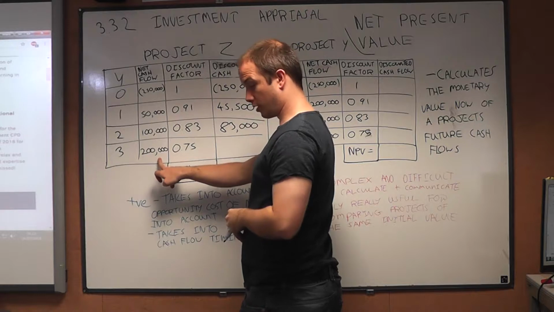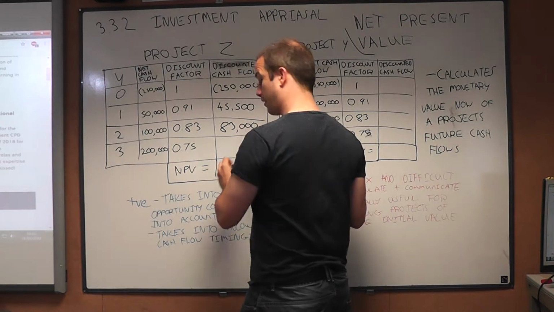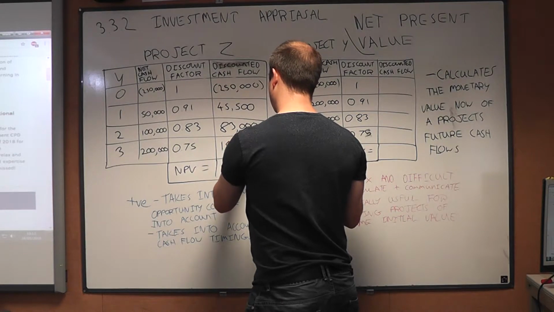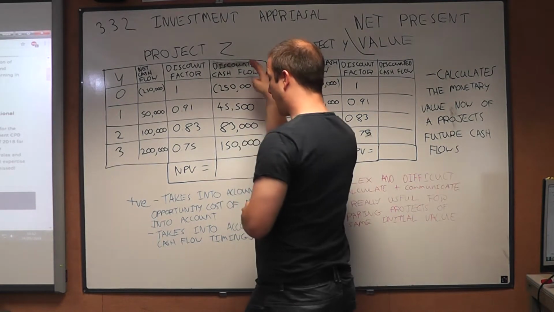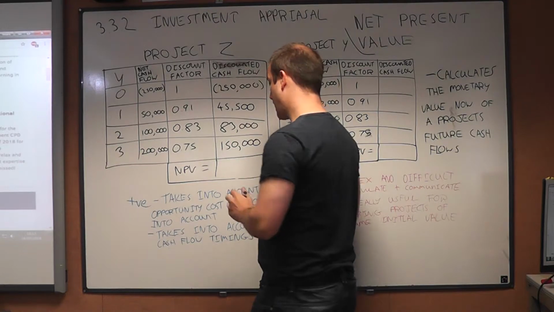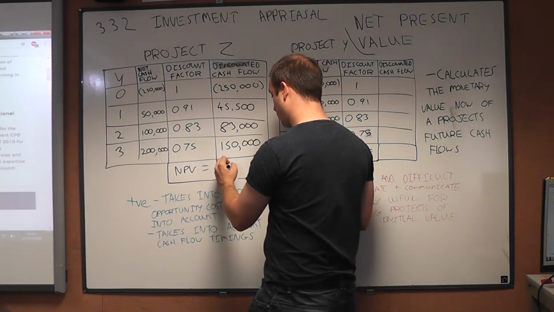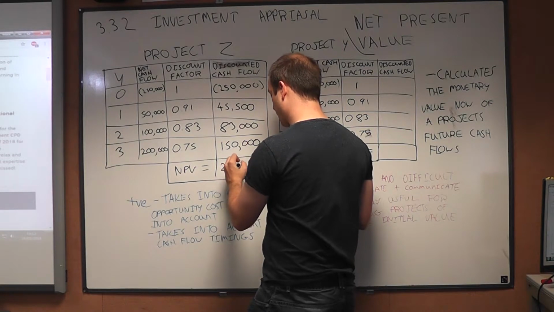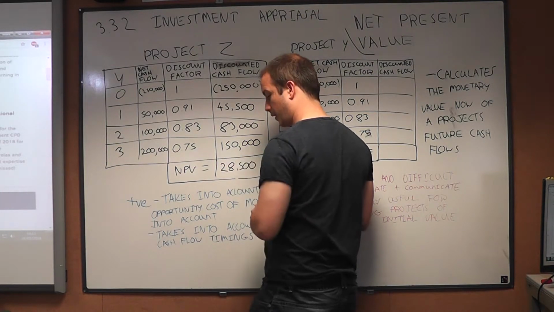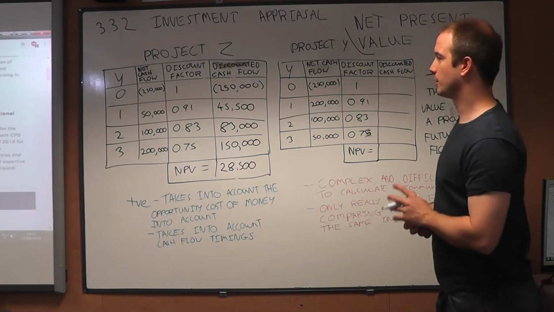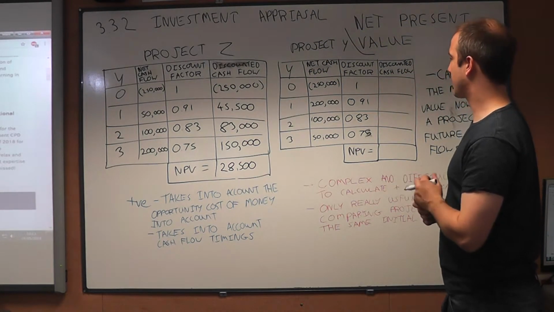And then £200,000 times 0.75 gives us £150,000. If we add all of these up to get our net present value, we should have £28,500. Okay, so that's Project Z after we've multiplied out our discount factors and our net cash flow.